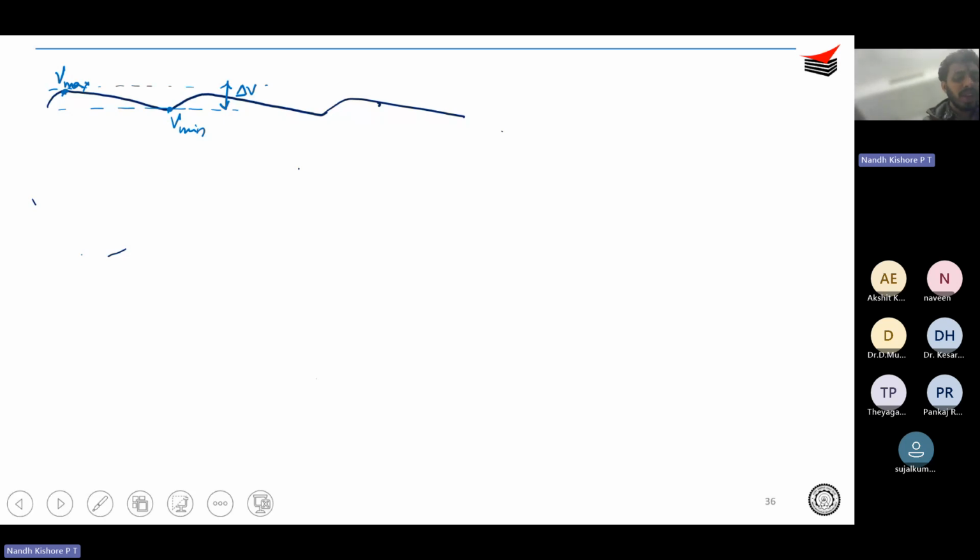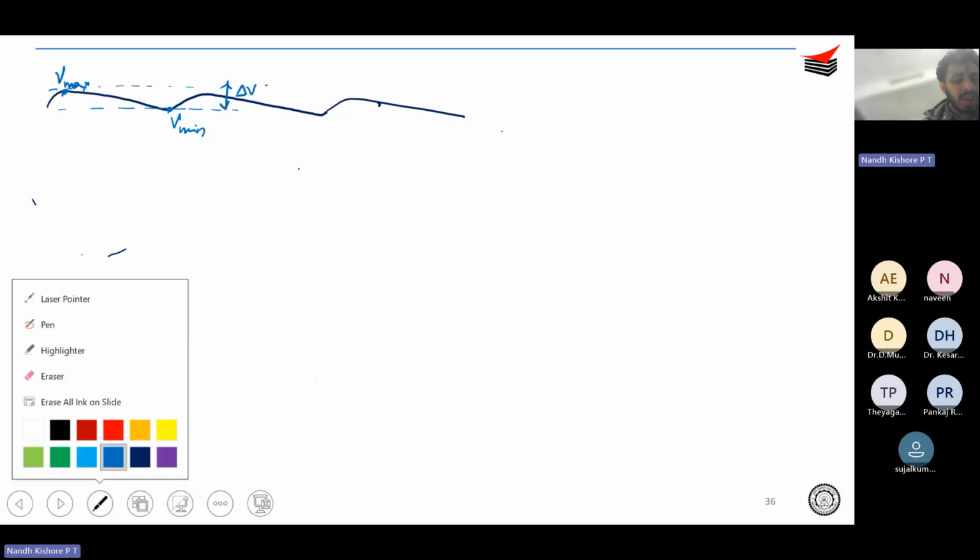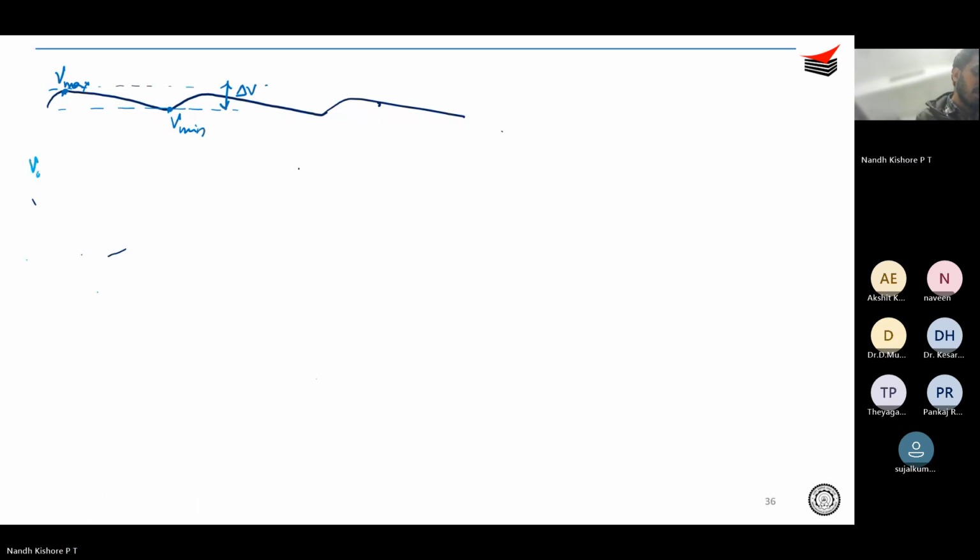On an average, you can write your V naught average as V max plus V min over 2.